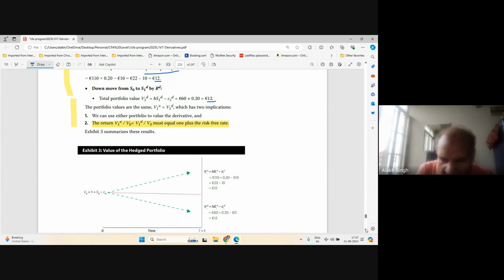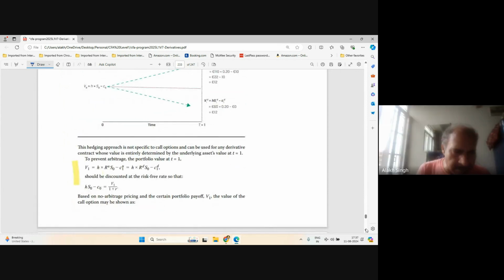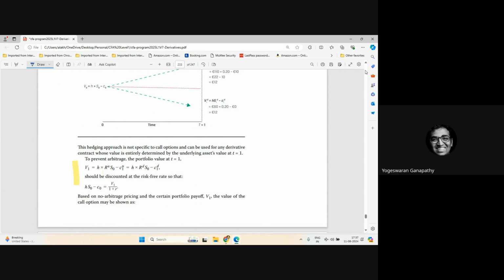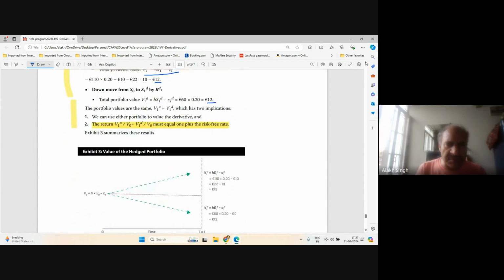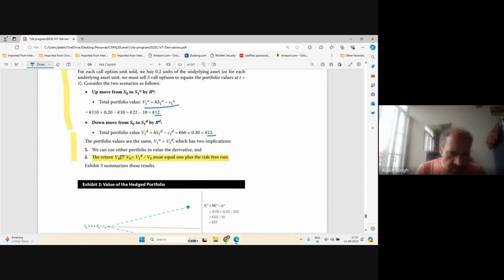Why is it given as 1 plus the risk-free rate? Because it is a ratio. V1 by V0 will be 1 plus the risk-free rate, because it will tell 1.02. Our risk-free return is 2%.